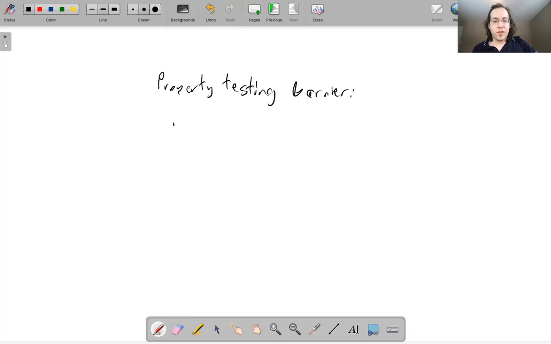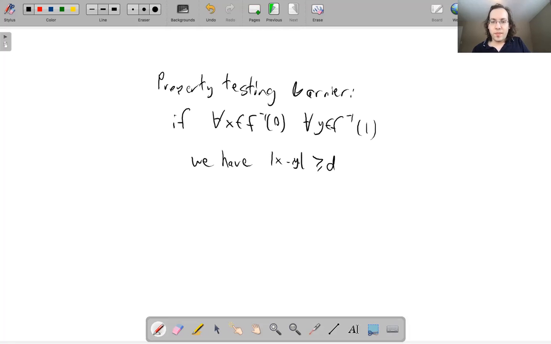It says if for all x in f inverse of 0 and all y in f inverse of 1, so all pairs of a 0 input and a 1 input, the distance between x and y is large, say bigger than d, then the adversary bound of f is at most, I think, n over d. The notes have the right expression, but I think it's just n over d.